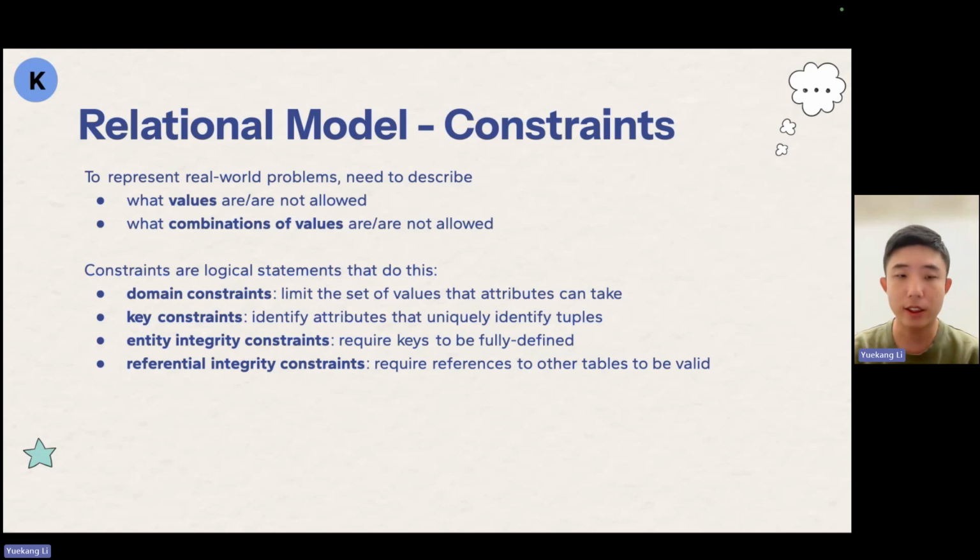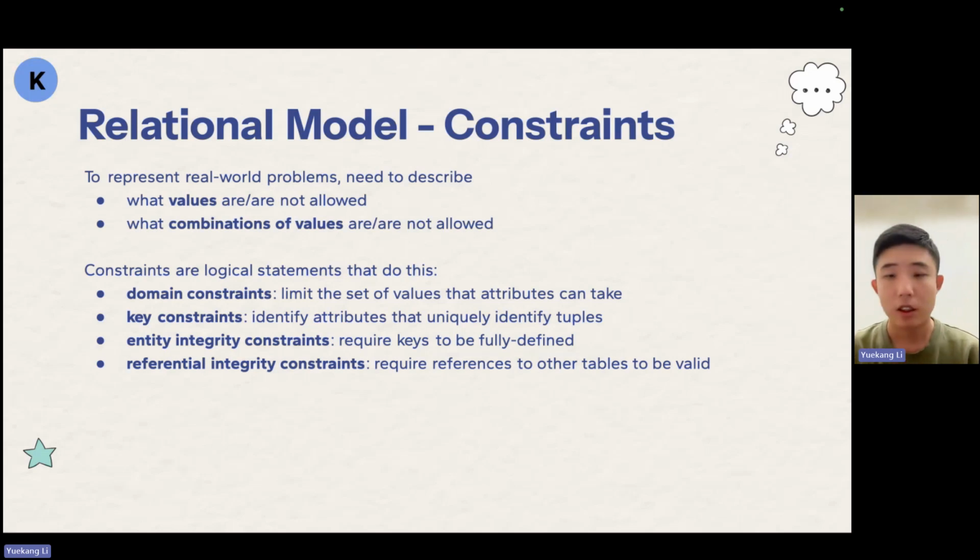The third one is entity integrity constraint, which ensures the integrity of keys, because keys could consist of several attributes, and we need to make sure that all the attributes used as a key are valid. And the last is referential integrity constraint.